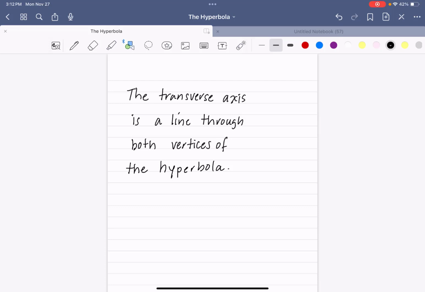So just to give you a quick sketch, let's say that the vertices of my hyperbola are here and here. The hyperbola will look something like this. And in this case, the x-axis, which is y equals 0, is the transverse axis.